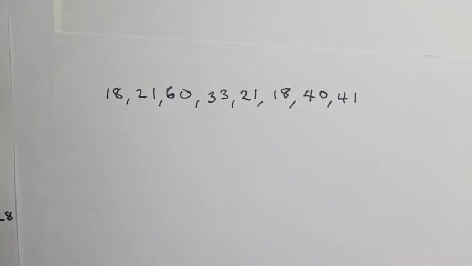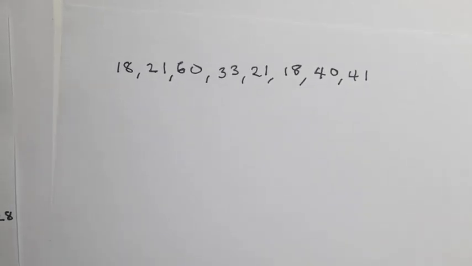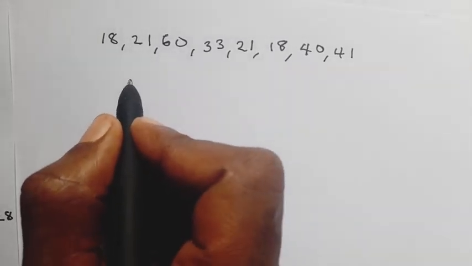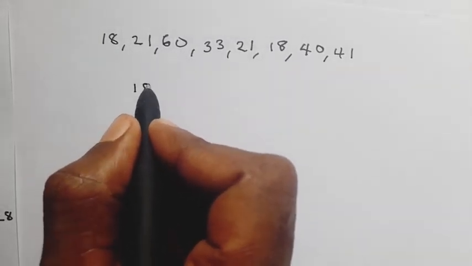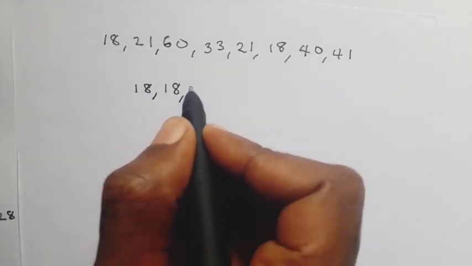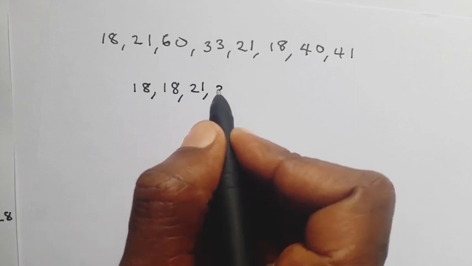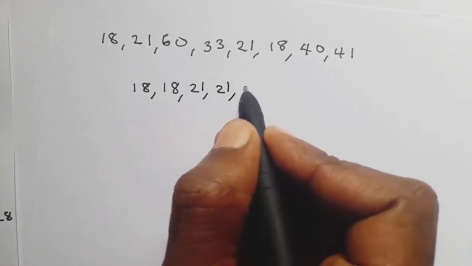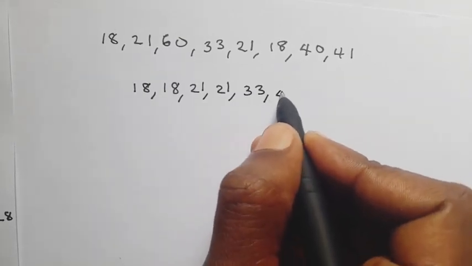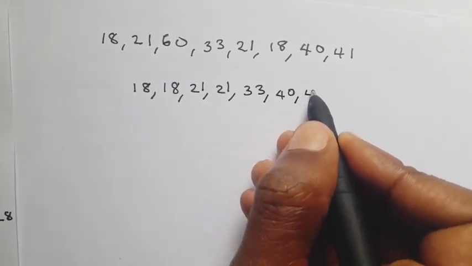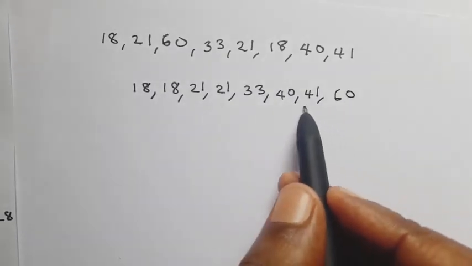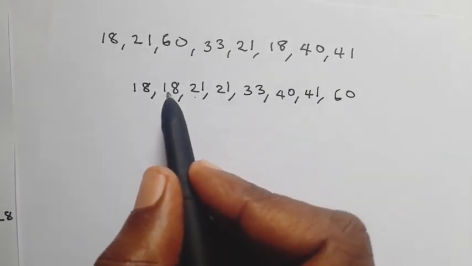Now we first of all arrange in ascending order, and in this case we can start with 18, 18, 21, 21, 33, 40, 41, 60. Let's count: 1, 2, 3, 4, 5, 6, 7, 8.